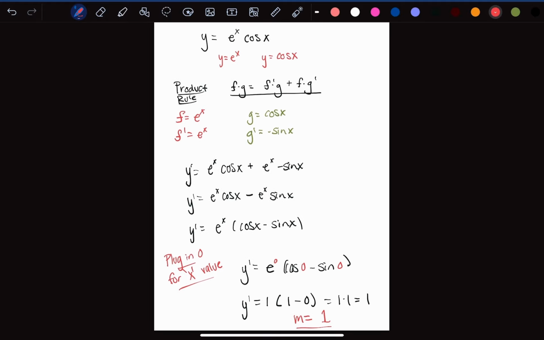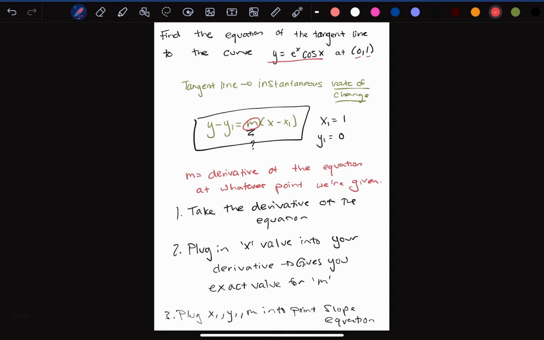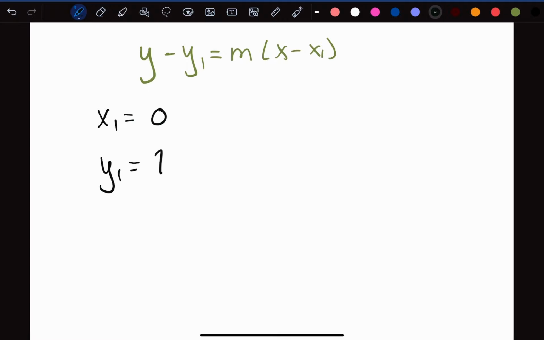So now that we have an m worked out, we're going to go back to our point slope formula, which is y minus y1 is equal to m times x minus x1, and then we're going to plug in all of our points that we have. Our x1 is equal to 0, our y1 is equal to 1, and our m is also equal to 1.